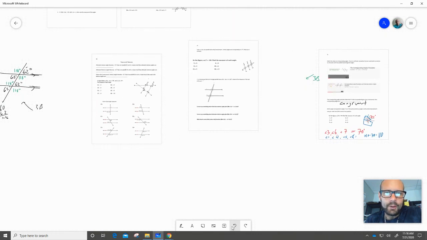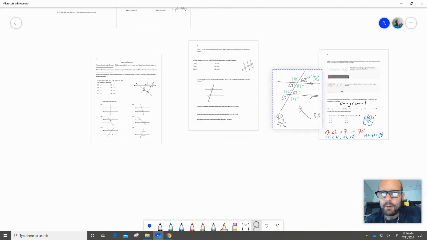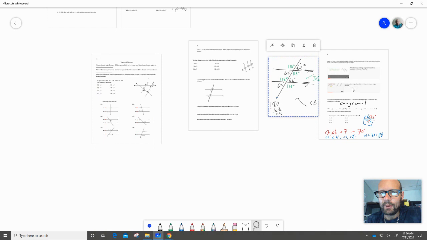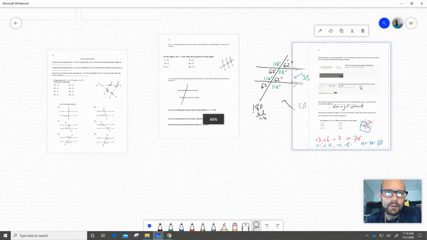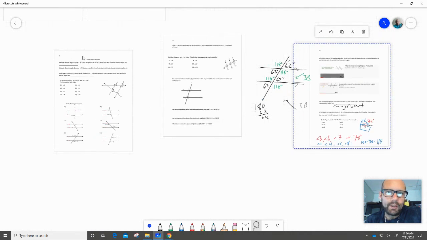And I want to take this little picture that we did over here and copy it over so we can sort of reference this right here. Oh, wait, we had it in the right spot the first time. Whoops.